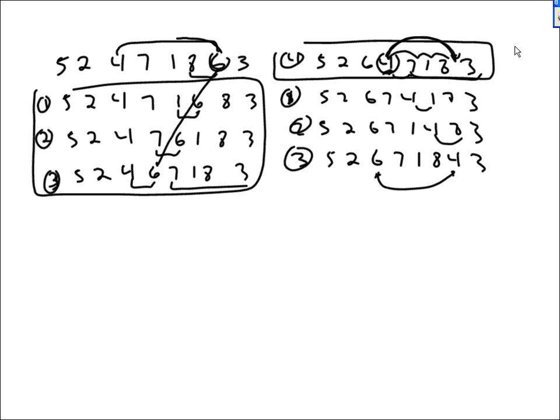Bringing the 6 to where the 4 was took as many moves as moving the 4 to where the 6 used to be. But then there was that one extra move, interchanging the 4 and the 6. It's going to be an odd number of moves.